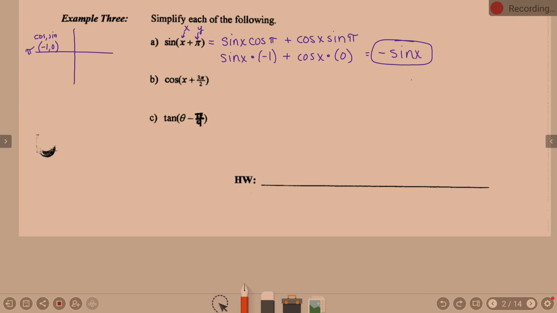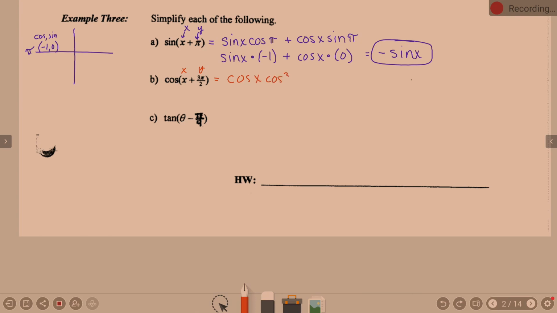Okay, B. Cosine of x plus 3 pi over 2. So this time we are talking about our cosine identity, right? Cosine starts off as, are we starting to memorize it? Cosine, cosine.